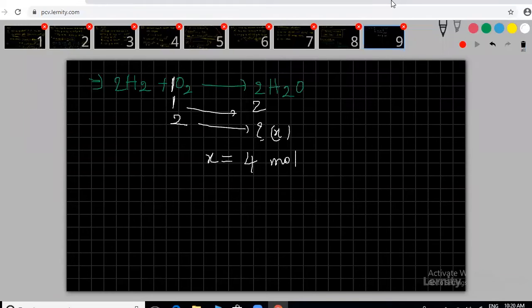Let me know if anyone does not understand. I think you understood this example, so now do the previous practice question.